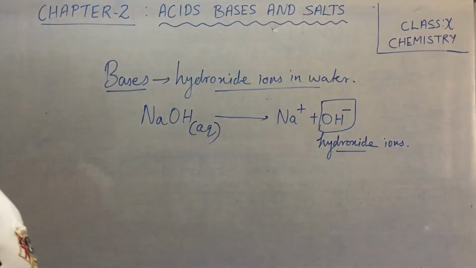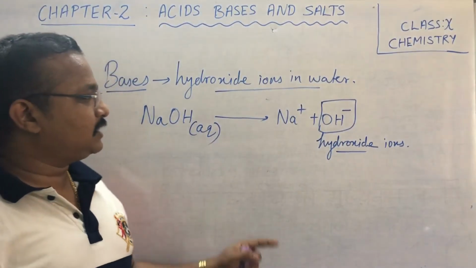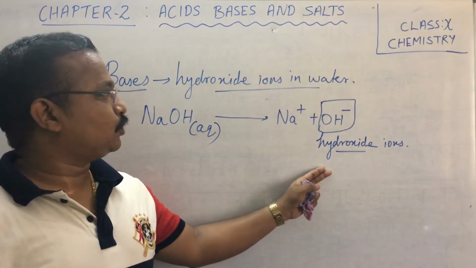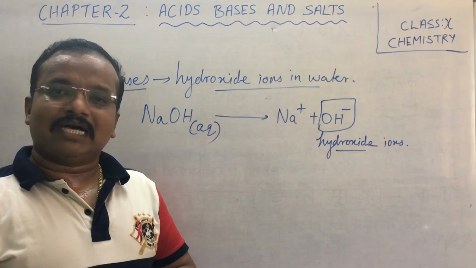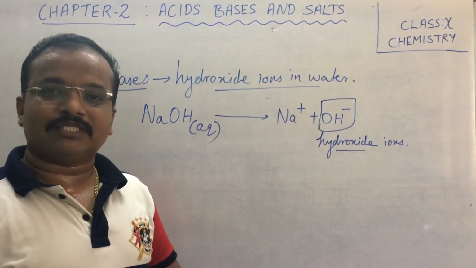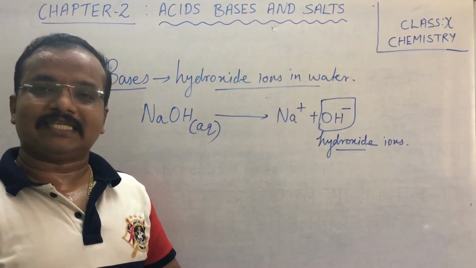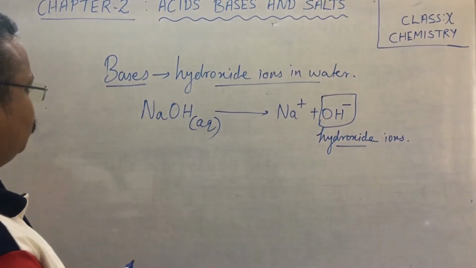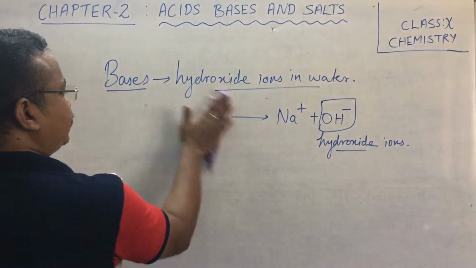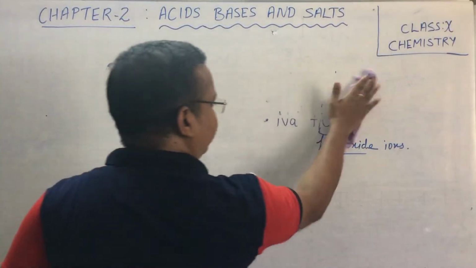So bases are the substances which produce hydroxide ions in solution, and acids, as we have already discussed, are substances which produce hydronium ions, that is H3O+, in aqueous solution. Now let us move on to some of the reactions in which they behave.